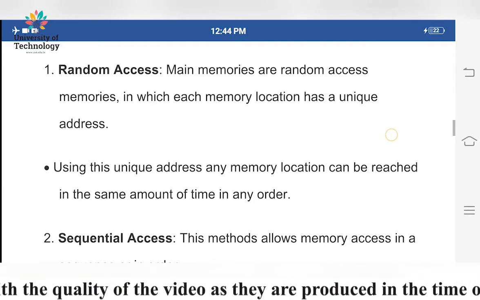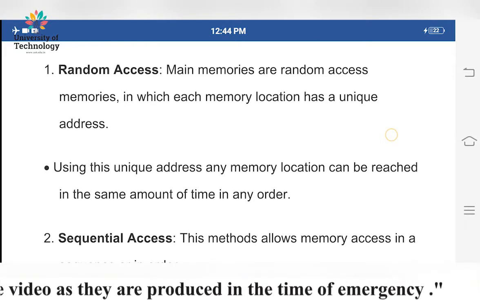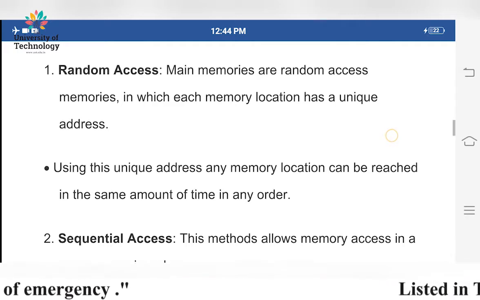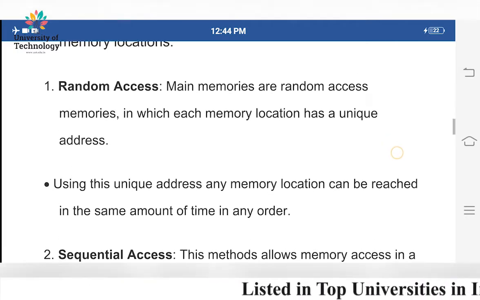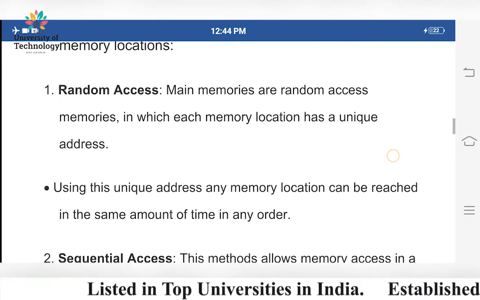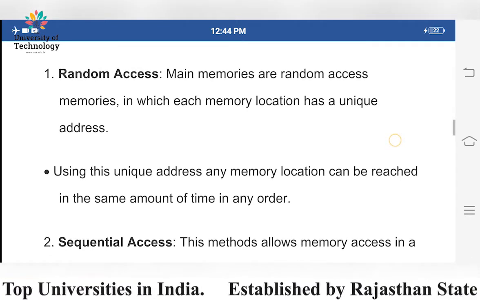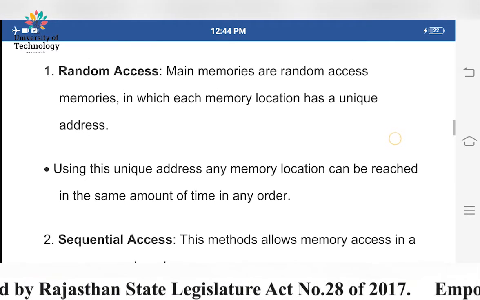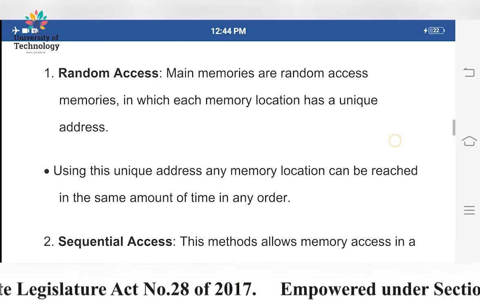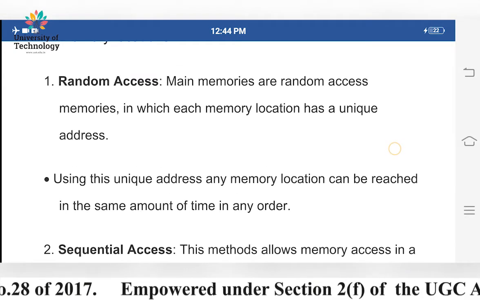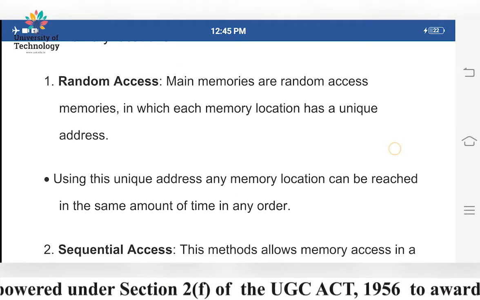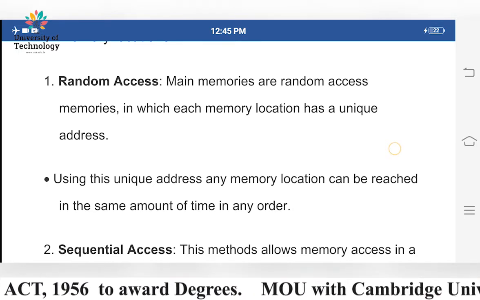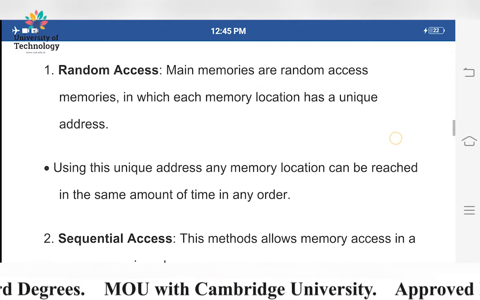That is, the address one memory location has will not be the same as the address of a second memory location. If 2323 is the address of a memory location, then this address will not be taken by any other memory location.